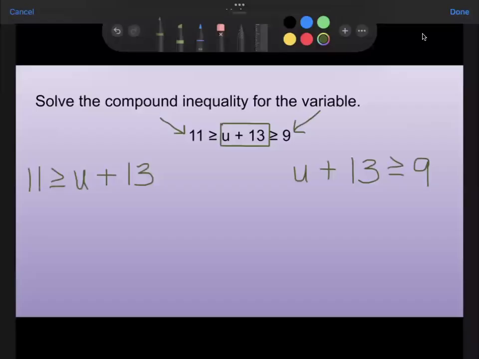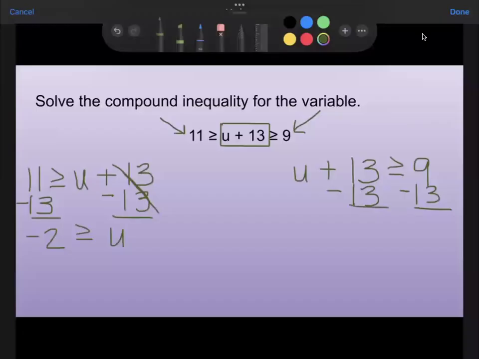Now I'm going to solve them both separately as if they were two different equations, or sorry, inequalities. I'm going to subtract 13 from both sides here and cancel this. So this becomes -2 is greater than or equal to u. And then on this side, I'm also going to subtract 13 from both sides. Cancel this out.